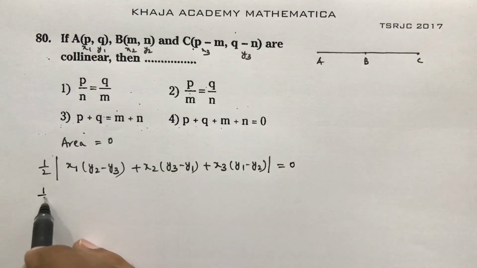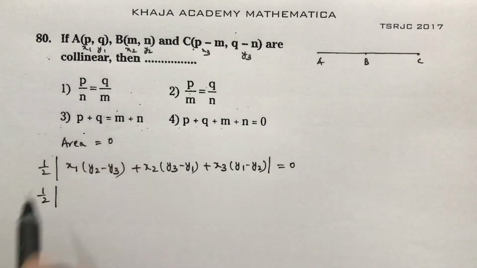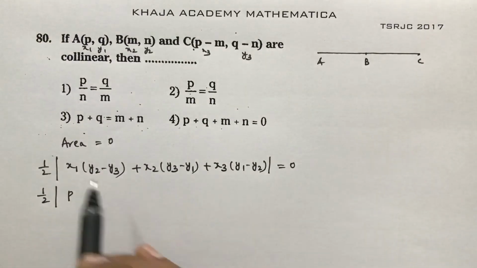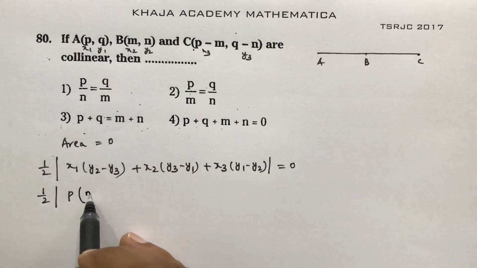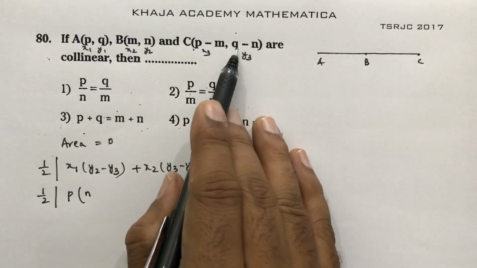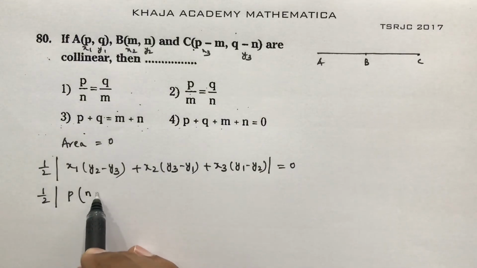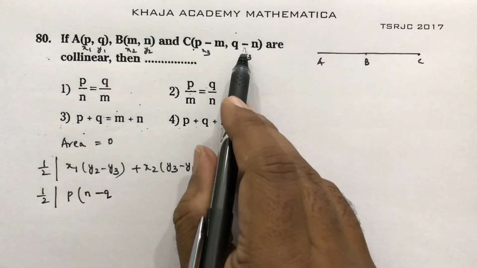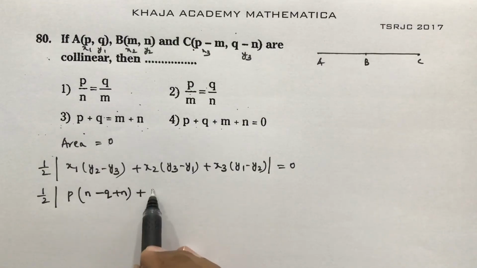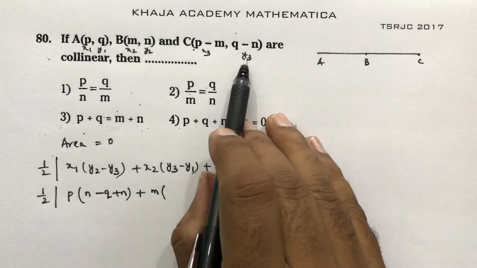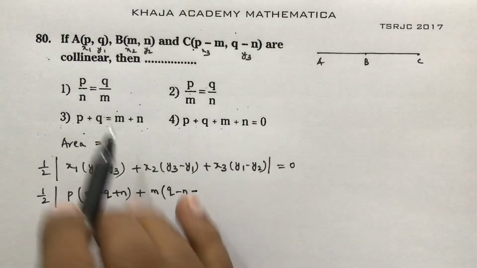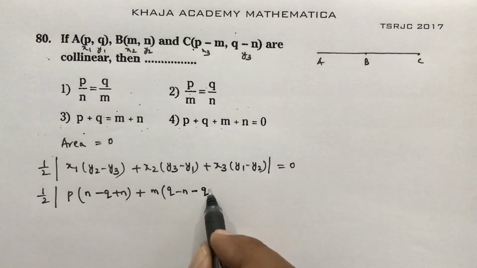Just substitute the values. Half mod, x1 is p, y2 is n, minus y3 that is minus q, minus of minus plus n. x2 is m, y3 is q, minus y1 is again q.